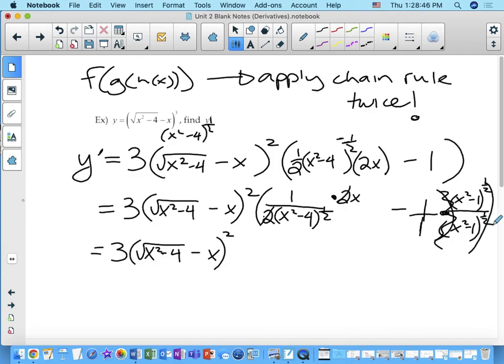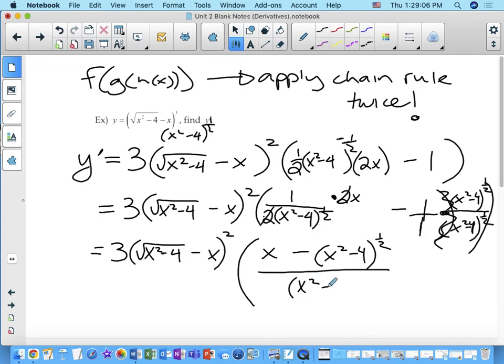Okay, and then this becomes x minus x squared minus 4 to the 1/2 over x squared minus 4 to the 1/2.